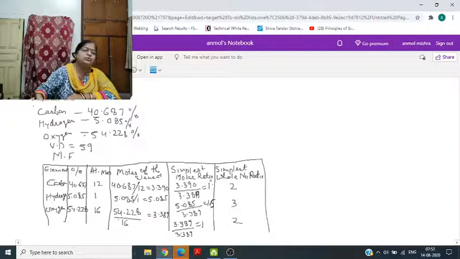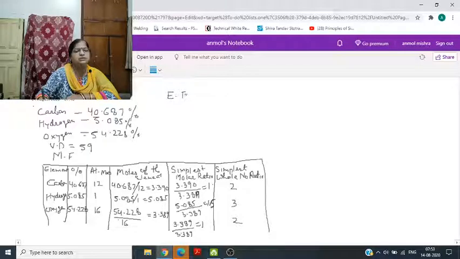So the empirical formula is C2H3O2. Now the second step, find the empirical formula mass.